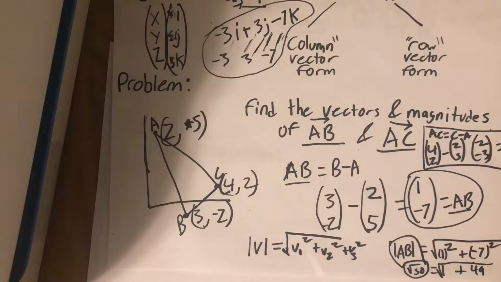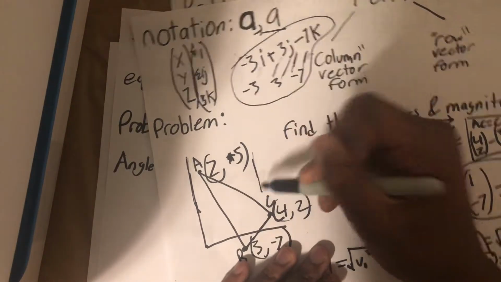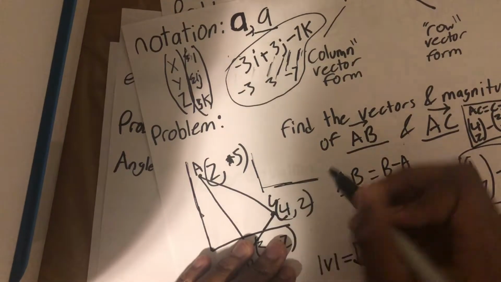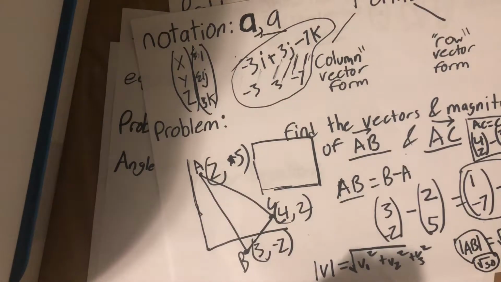And then let's do the same thing with AC. AC we know is 2, negative 3. So I'm gonna try and fit it over here in this little box I'm gonna make right now. So AC is 2, negative 3.